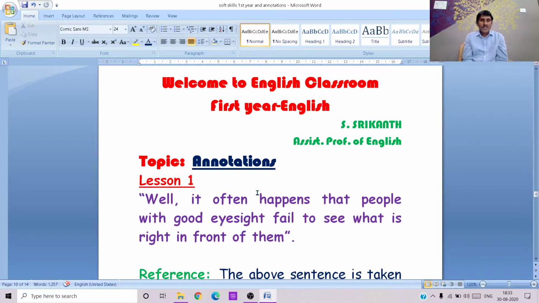So are you ready? I have taken one sample annotation from one lesson. Whenever any other sentence is given in the examination or anywhere, you should be in a position to follow the same for all the annotations. Almost the same reference you write and the same general context you write.